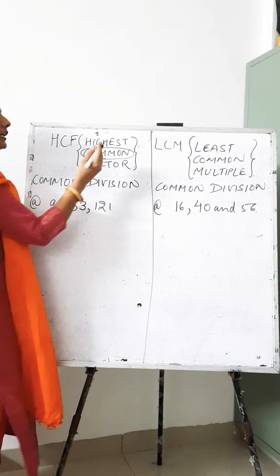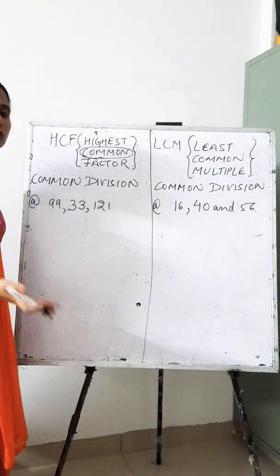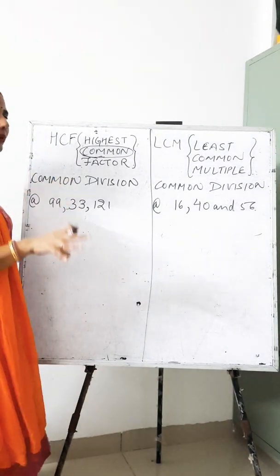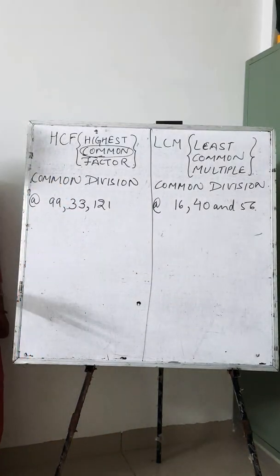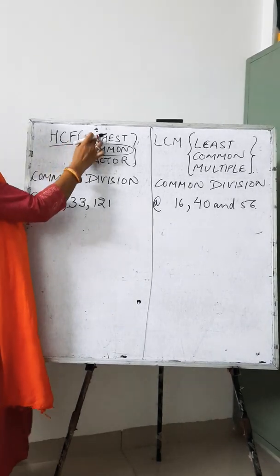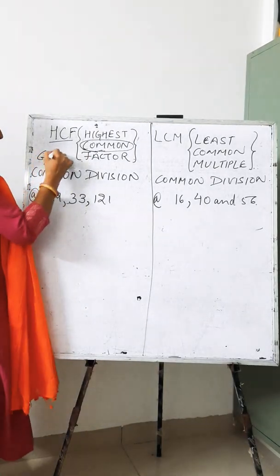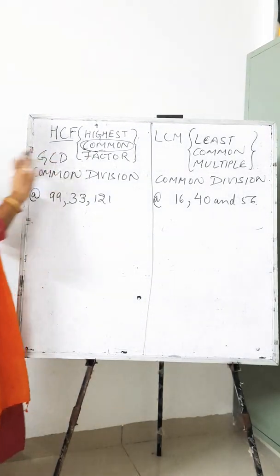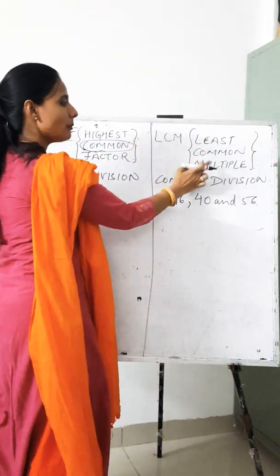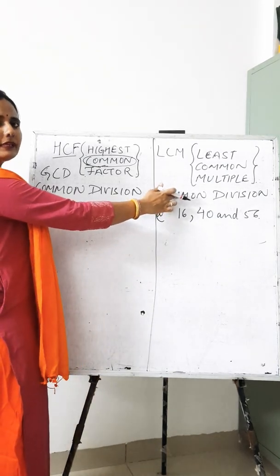Common means it requires at least 2 or 3 numbers to find something common between them. So here HCF stands for highest common factor, or we call it GCD also, that is the greatest common divisor. And LCM means least common multiple.